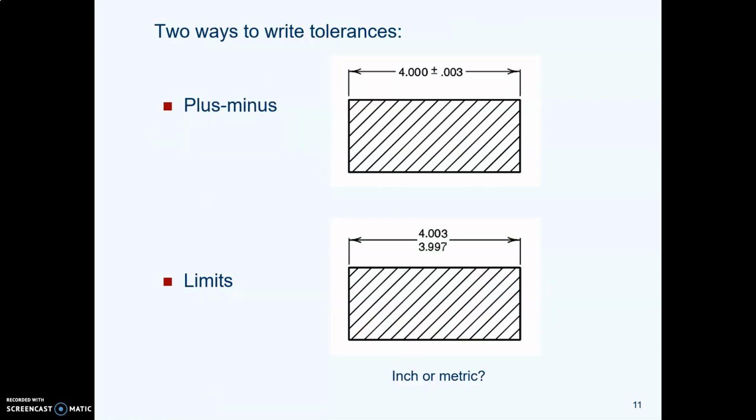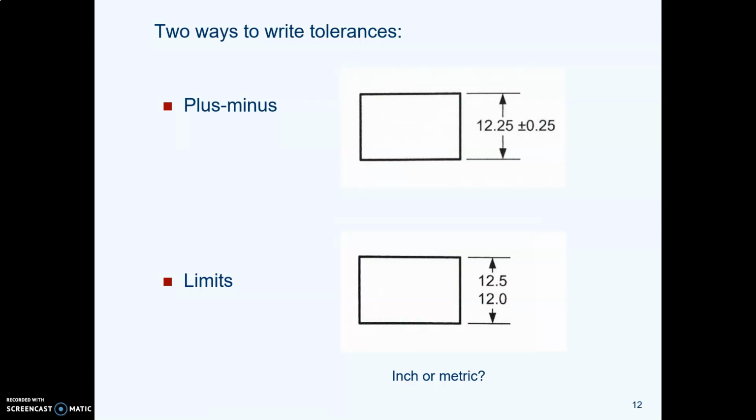Here are plus-minus tolerances and the same part with limits tolerances. By the way, can you tell by looking at this whether this is inch or metric? I hope you are noticing that there is no leading zero, therefore this must be an inch dimension.